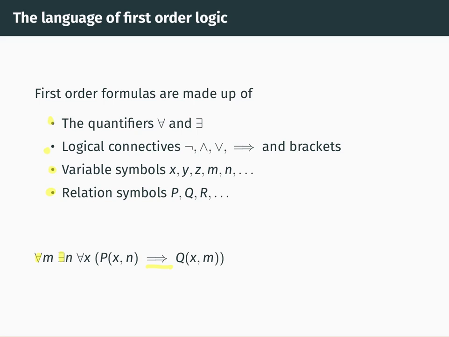There are some variable symbols. The variables involved here are m, n, and x, and those variable symbols also appear in the rest of that formula. And there are some relation symbols. The relation symbols present here are P and Q. There's a relation P and a relation Q.